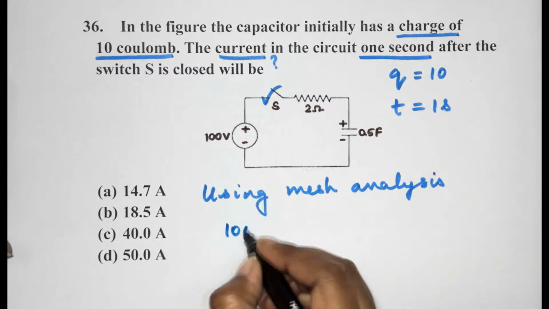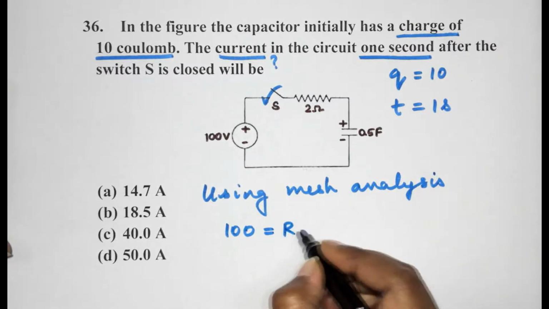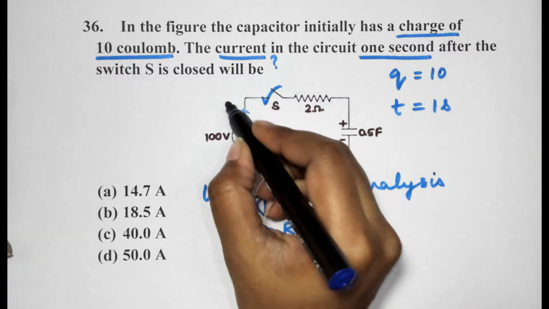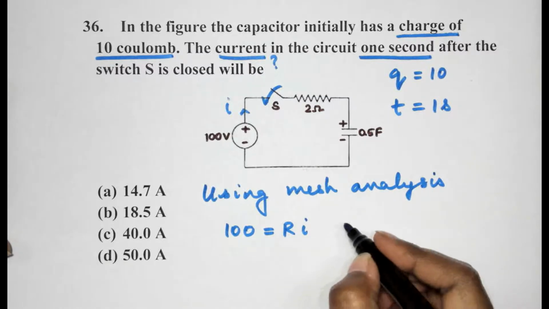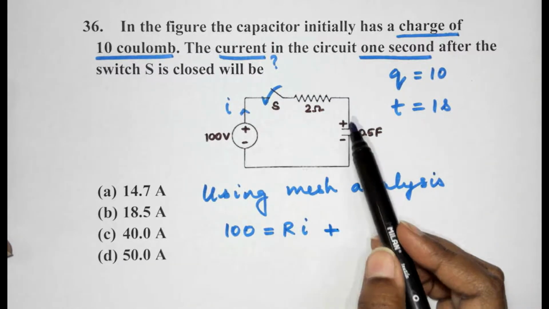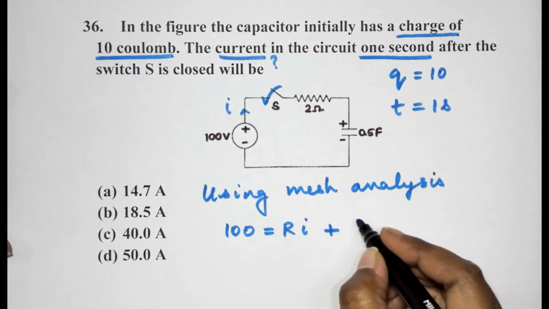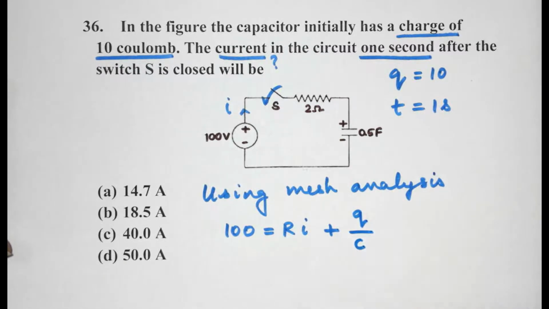Now 100 equals R times I, where I is the current passing through here, plus the voltage across the capacitor when charge is given. That would be Q by C. Alright, so we have 100 is equal to Ri plus Q by C.